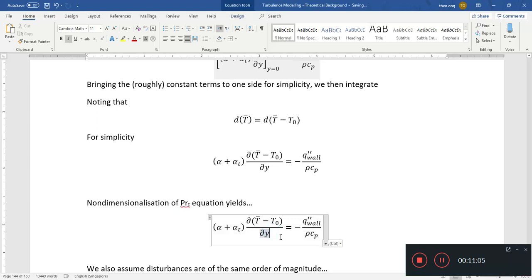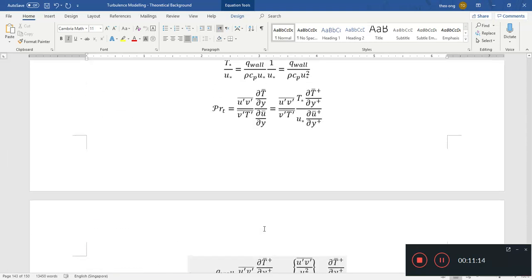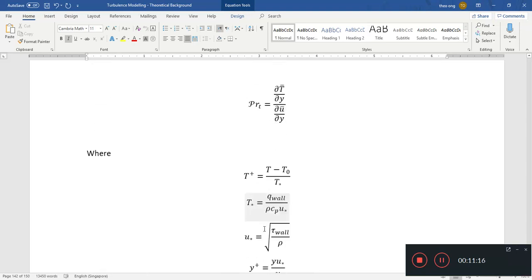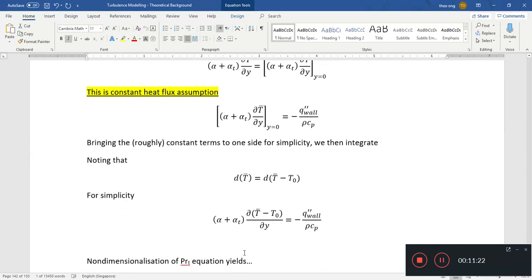Anyway, back onto this, we then want to non-dimensionalize this equation. So this of course becomes y plus, and then we have a nu over u star.